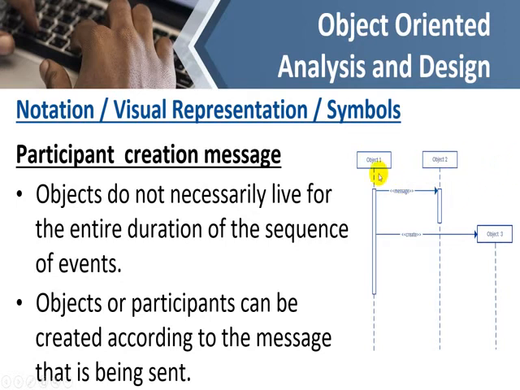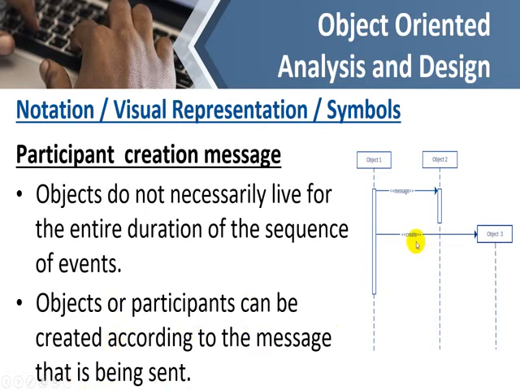After some time, object 1 created the participant 3, that is object 3. So it says that the objects do not necessarily live for the entire duration of the sequence of events. Objects or participants can be created according to the message that is being sent.